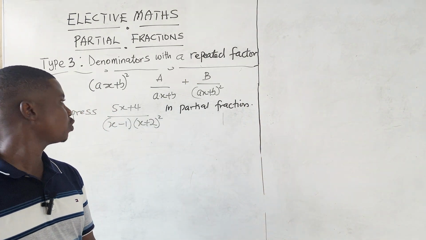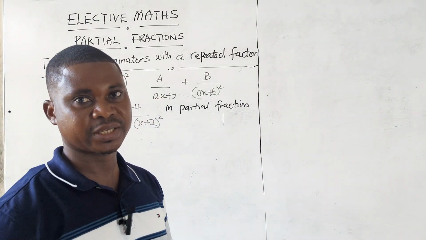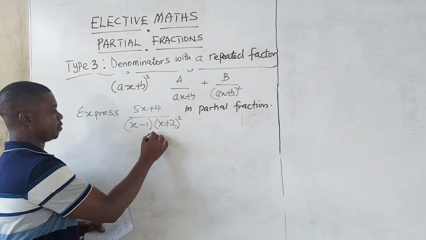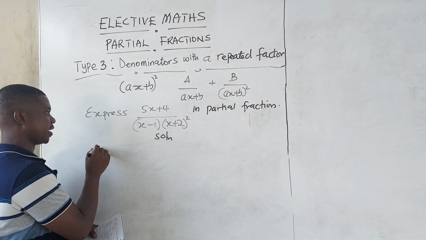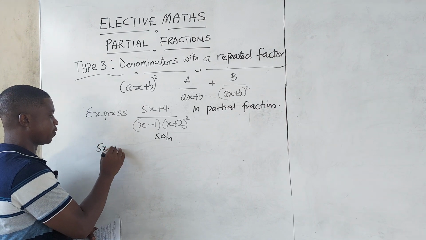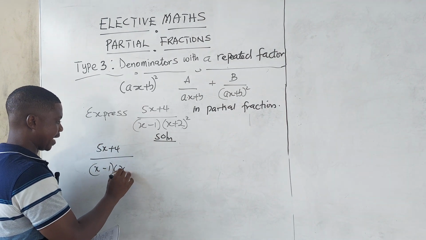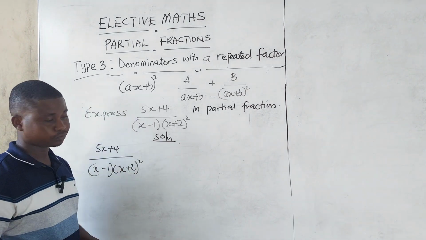We are supposed to express this one in partial fractions. So with this, we have (5x + 4) over (x - 1)(x + 2) all squared.